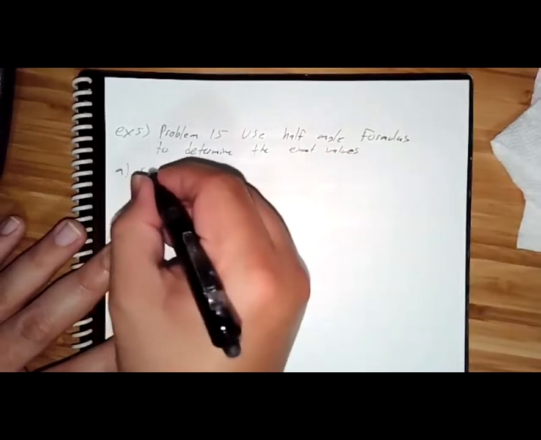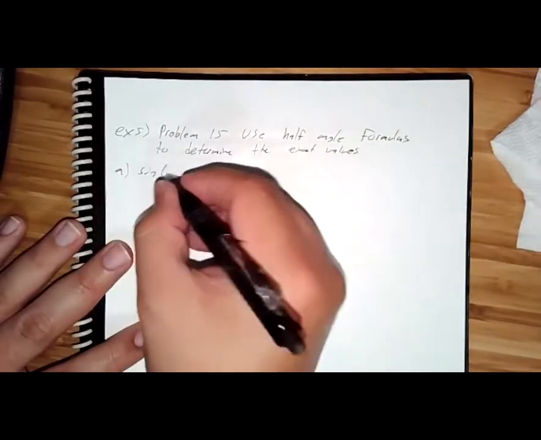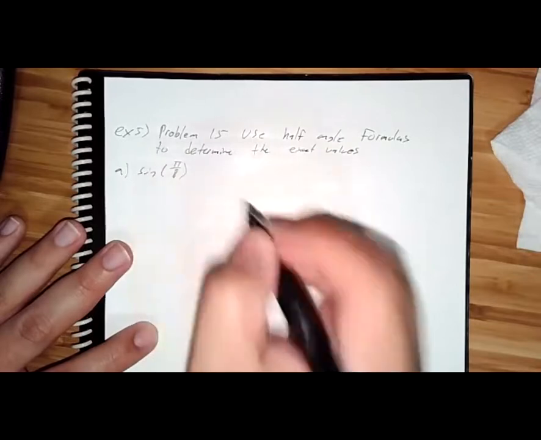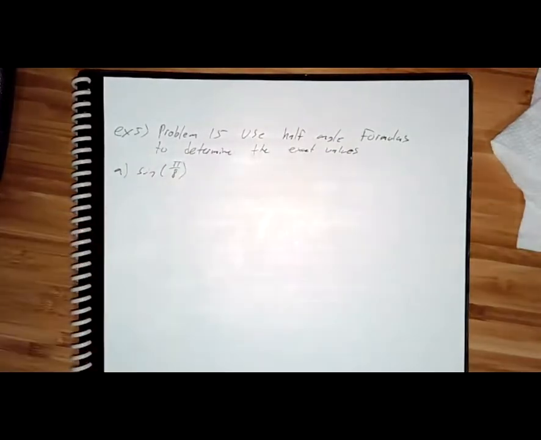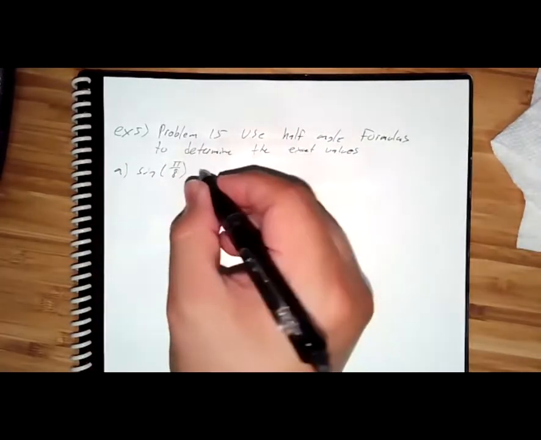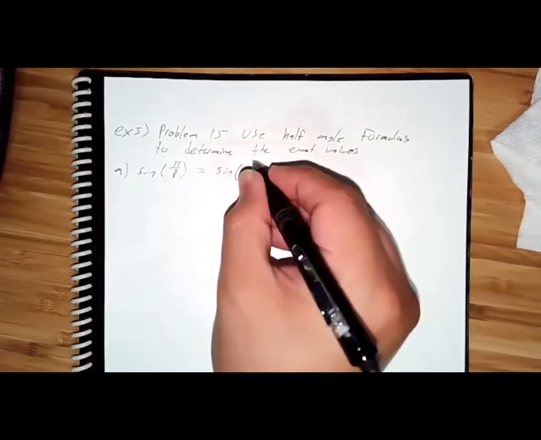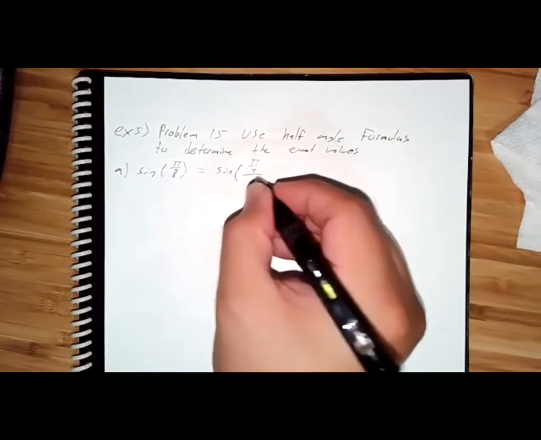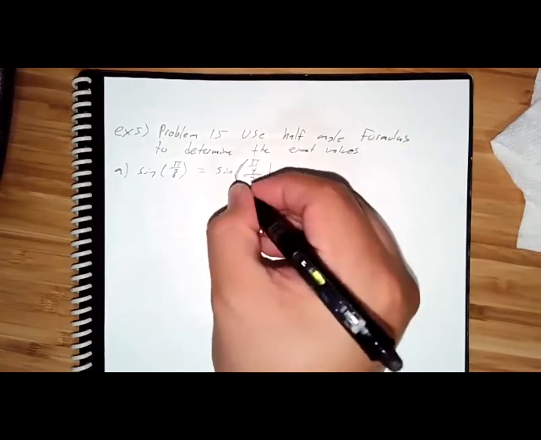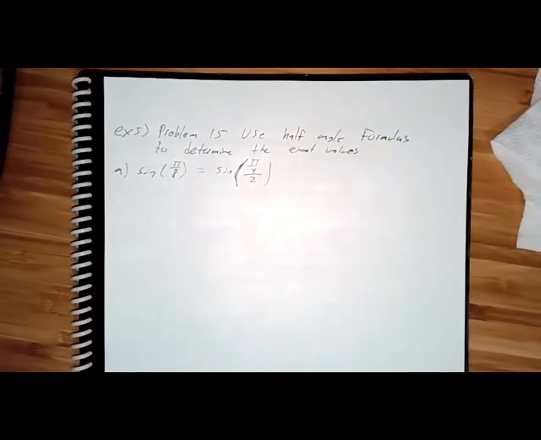Part A is asking for sine of pi over 8. So that's not on the circle. What you can do is rewrite this, because we know that half of pi fourths is an eighth, right? And pi fourths is on the circle.